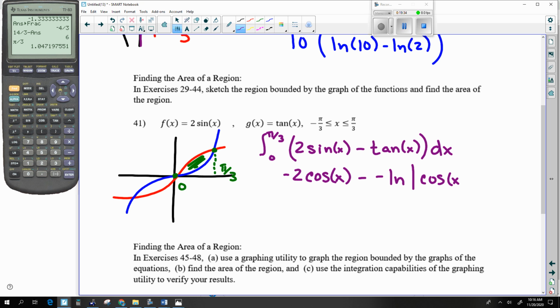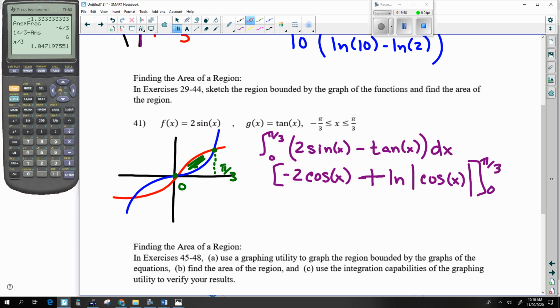In this case, that's x. Yeah, I don't expect you guys to know that one. That's in the front of the book kind of stuff. Okay, 0 to pi over 3. All right, so this minus is going to be a plus.